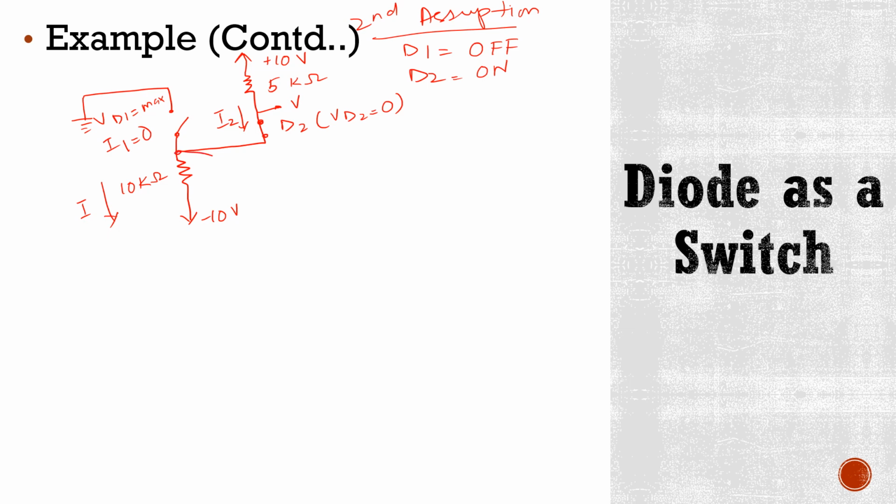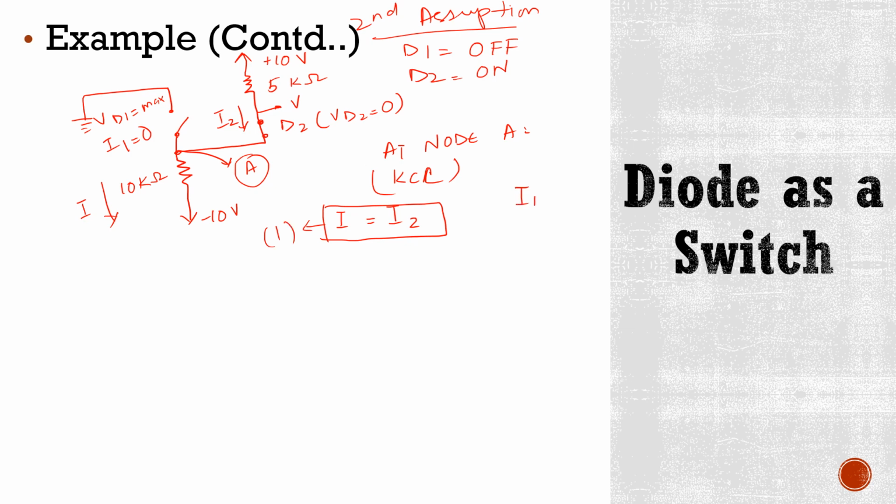This is point A or node A. Now if we look at node A, what will be the KCL equation now? As you can see here at node A, only one current is entering, which is I2, and one current is leaving, which is I. So this is your equation 1, because we know that I1 is 0 now.